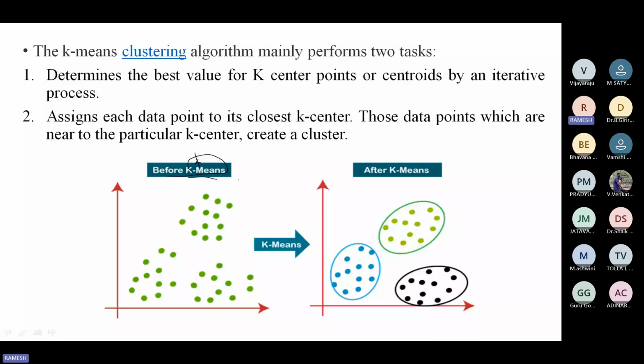For example, if one point is there, and this is cluster A, cluster B, and cluster C, now which cluster does this point belong to? We can easily say by calculating the distance or comparing the features. What is your taste? Who are your friends? Like that, we can collect some features, and based on those features we can group them into clusters.